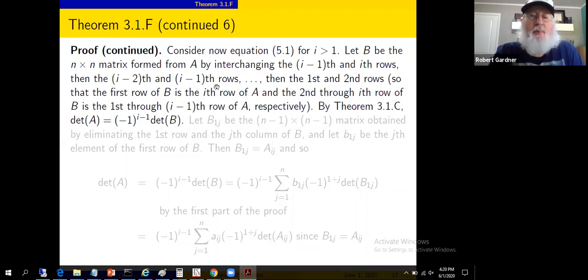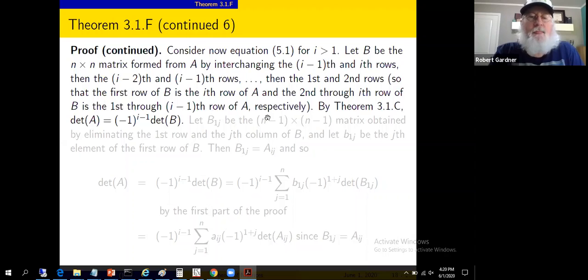And continue that process of swapping things two at a time and working that ith row up to the top of matrix B. The final swap will be swapping the first row and the second row. In so doing, the first row of matrix B will be the ith row of matrix A, and the second row through the ith row of matrix B will be the first row through the i minus 1th row of A, when you've effectively just shifted those down by 1.